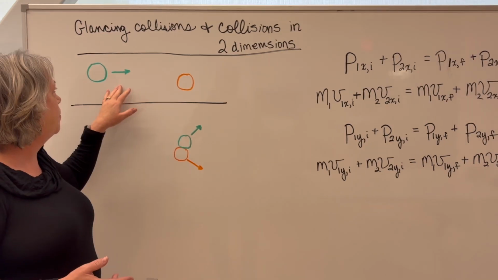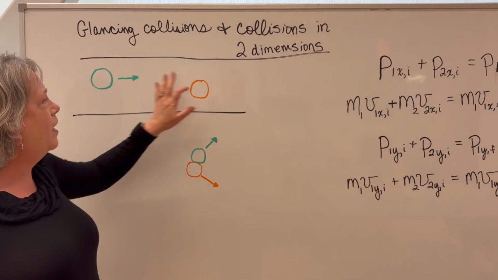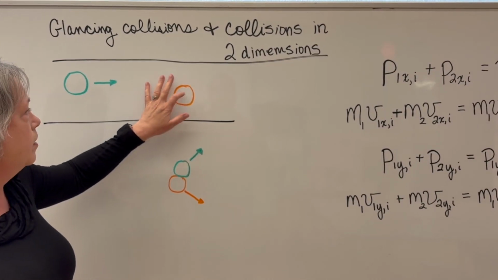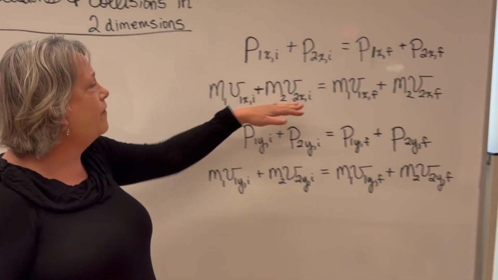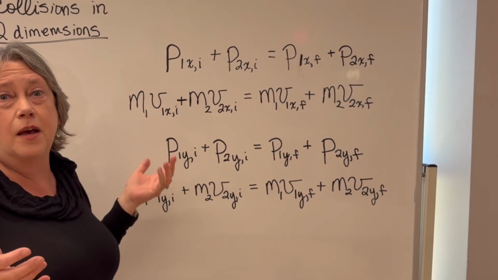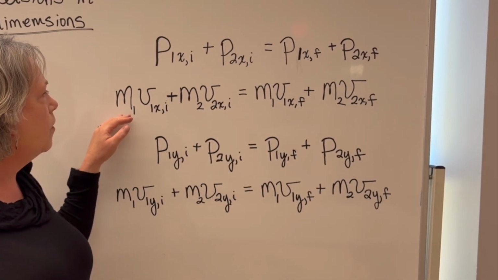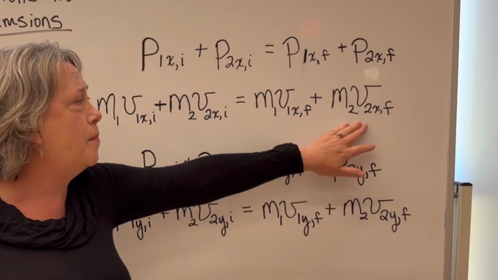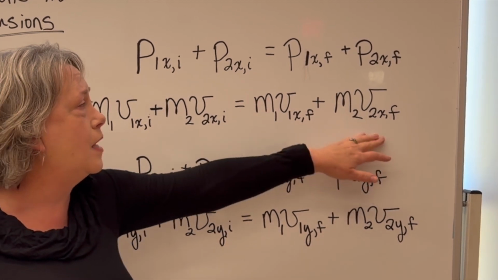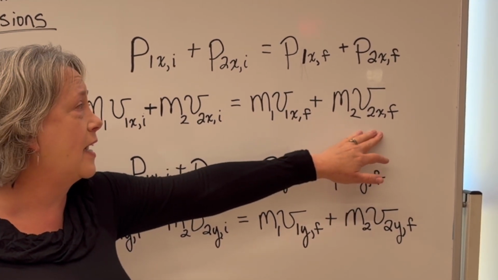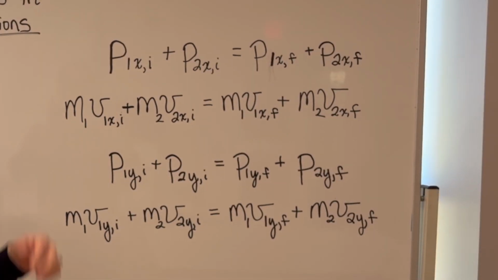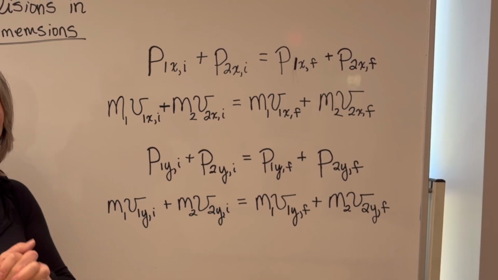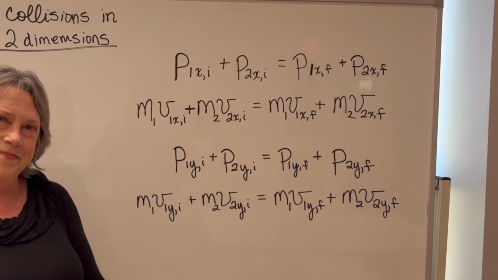Well, in this example, if this is object 1 and that's object 2, the initial momentum of this one is 0 because it's still. So often that'll happen in these problems. You'll have some of the terms be 0. And so this is the momentum in the x direction final, and the momentum for object 1 and the momentum for object 2 in the x direction final. So we'll use these to solve some problems involving collisions in 2 dimensions.